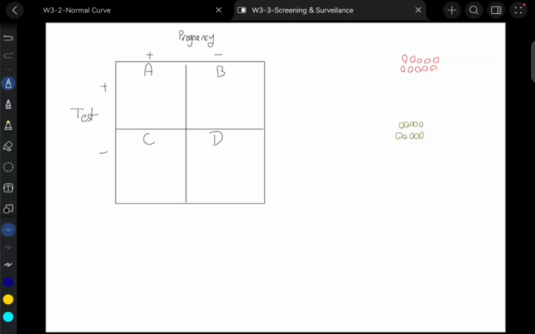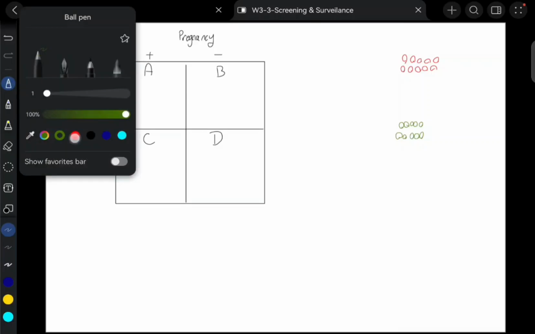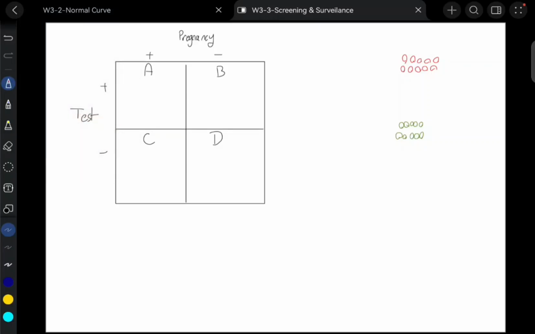Okay, now let's suppose of the 10 pregnant ladies, 6 of them tested positive. So we'll draw the 6 here. Therefore, if 6 tested positive, that means the other 4 tested negative, even though they're pregnant. So they're pregnant, but it still tested negative.